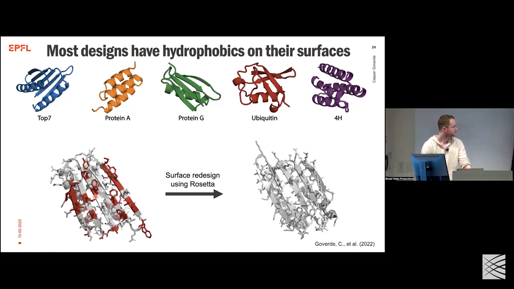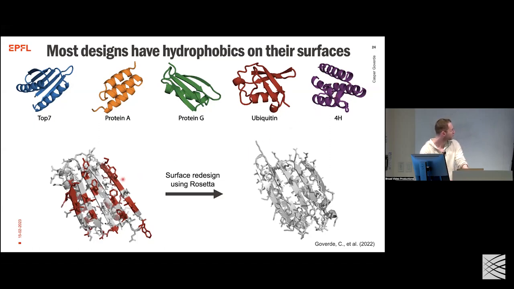One of the things that we noticed when we went after five design targets, here we have top 7, protein A, protein G, ubiquitin, and 4H. And for the people who followed the talk this morning, 4H is actually based on a sketch, so it's not based on a natural protein from the PDB.